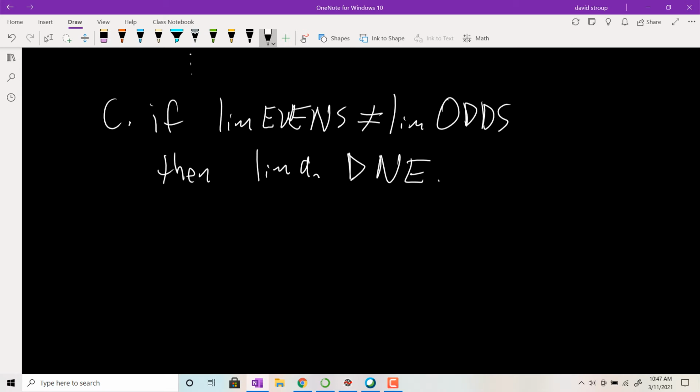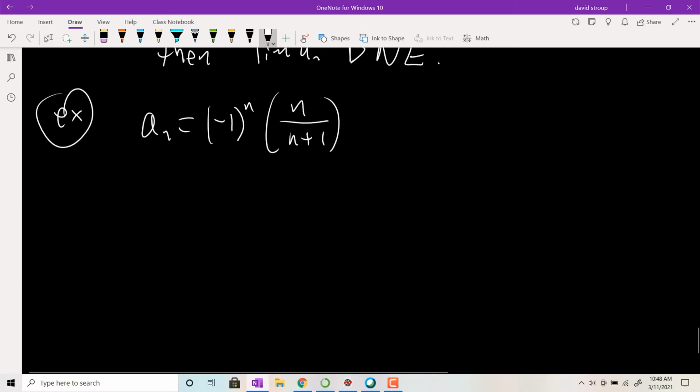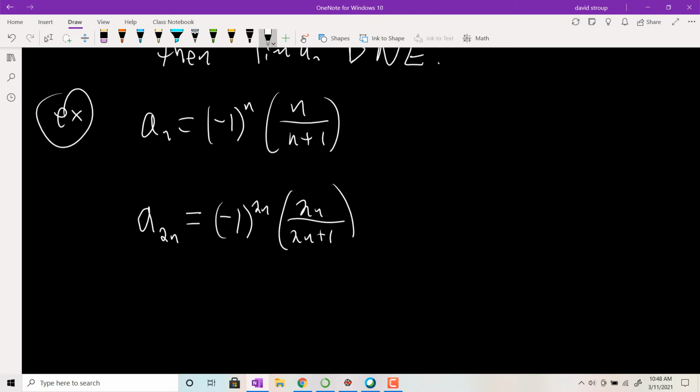So, anyways, let's look at another example. A sub n equals -1 to the n times n all over n plus 1. In this case, the even powers, so if you have A sub 2n, which is really the even stuff, it's going to be -1 to the 2n times 2n all over 2n plus 1, right?